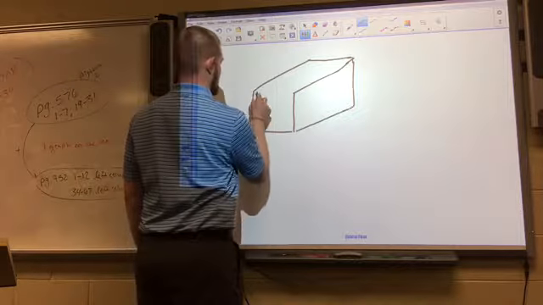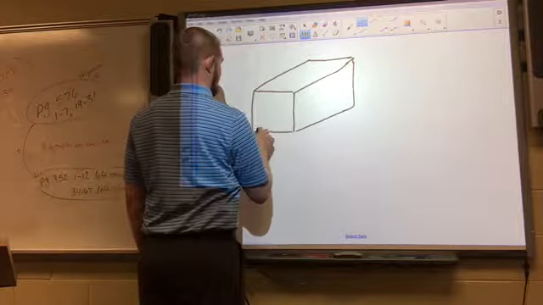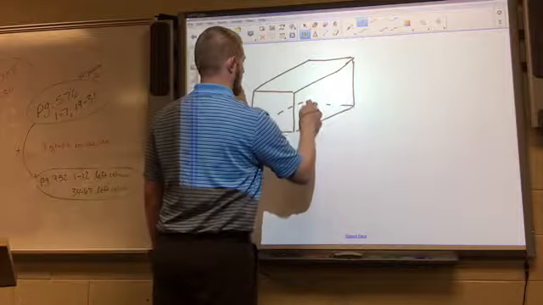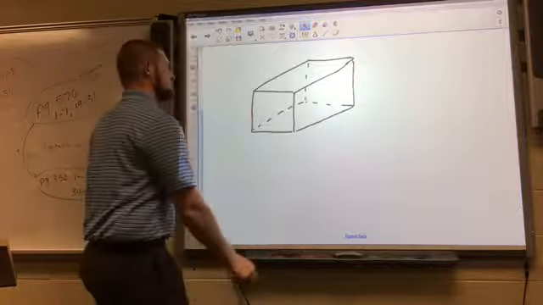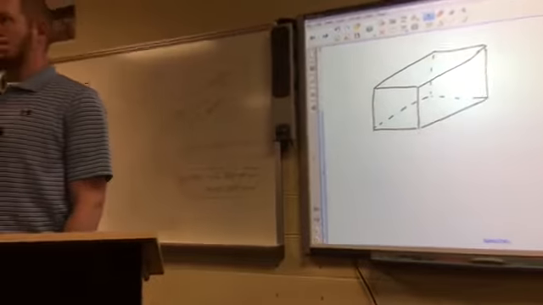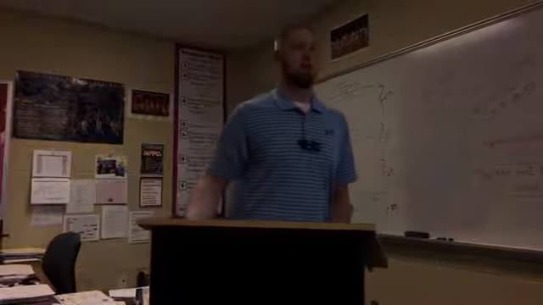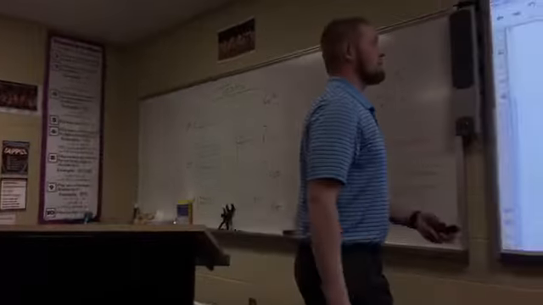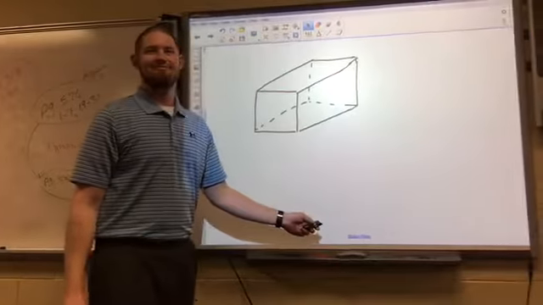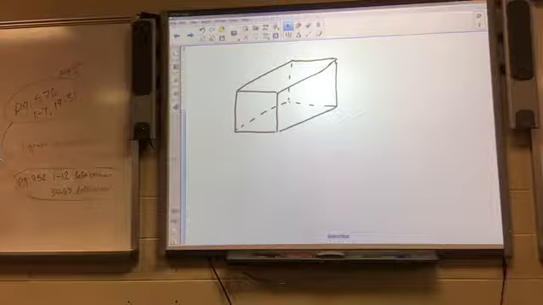For the record, this is the worst one I've drawn all day. Could be worse. Could be like what Carson's going to draw on her paper. Just kidding. So you guys get what I'm trying to go for here.